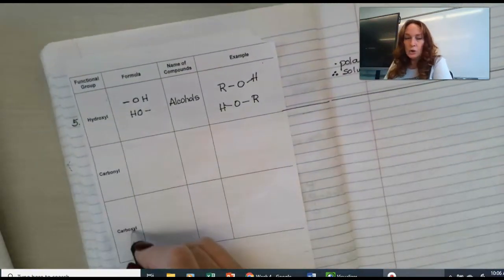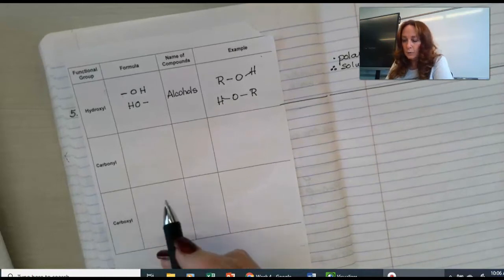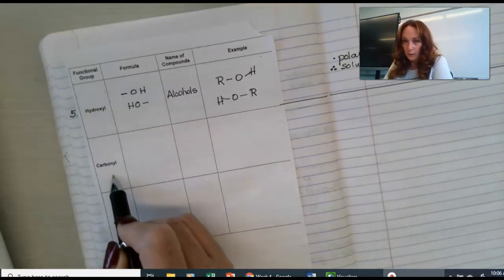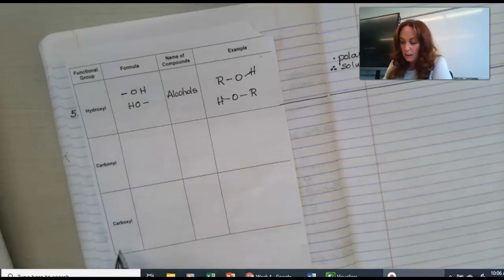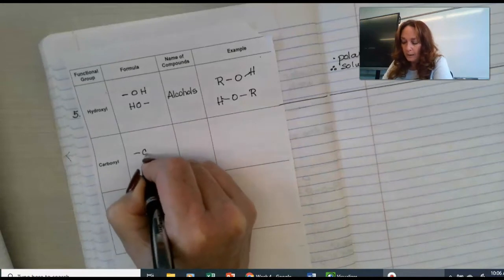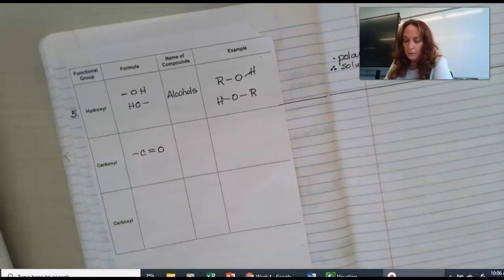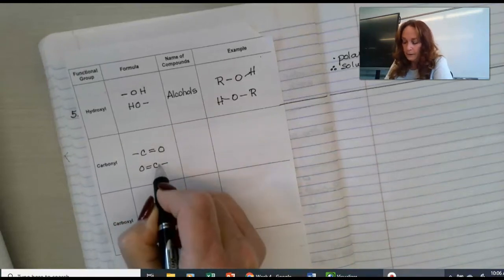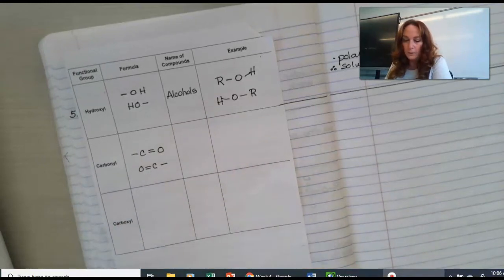So these two, actually, a hydroxyl plus a carbonyl, if they had a baby, it would be called carboxyl. So this is a carbon double bonded to an oxygen. So let's write it the other way, because the covalent bond's going to be with the carbon.